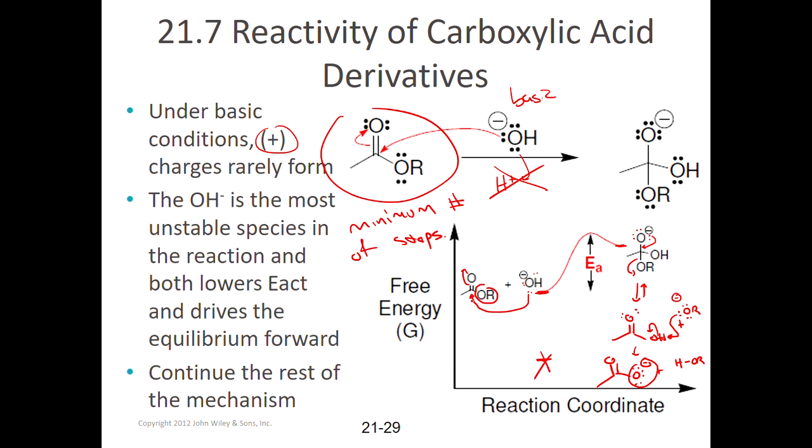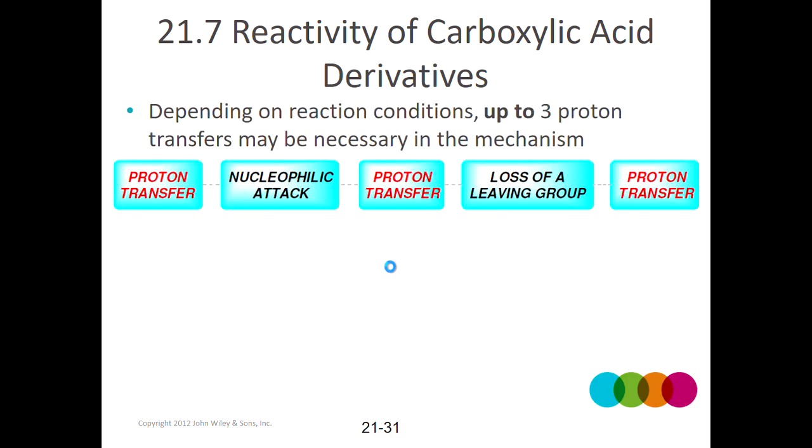The nucleophile's got to come in, push electrons up, and at the very least, electrons have to swing down and push out the leaving group. So 2 steps minimum. This one, after that occurred, then there was a proton transfer. So you want to be aware and look out for proton transfers occurring in addition to the minimum number of 2 steps. Right, so let's just look at an example where we have proton transfers occurring throughout.